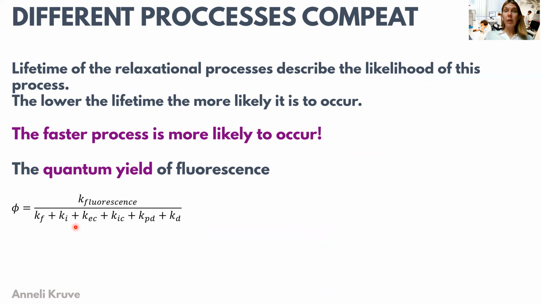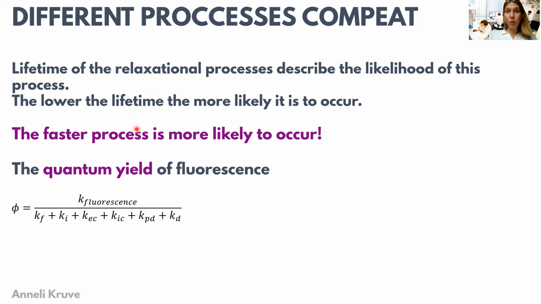The importance in understanding if the molecules do fluorescence or not is associated with the likelihood of other competing processes. So if the internal conversion or external conversion are very, very likely, then the likelihood of fluorescence is simply decreasing. And the lifetime of the species is very important here. The processes with a lower lifetime are more likely to occur.